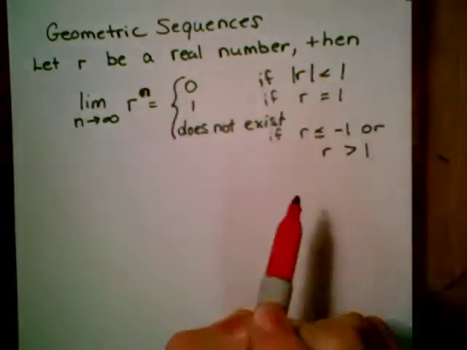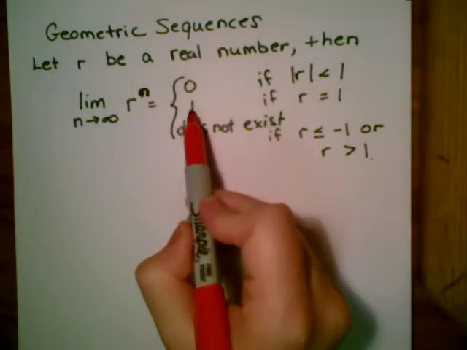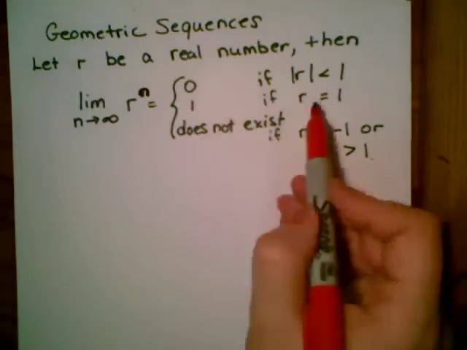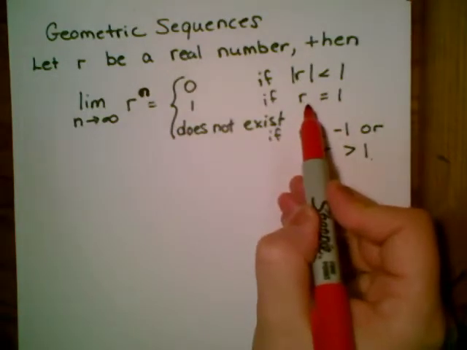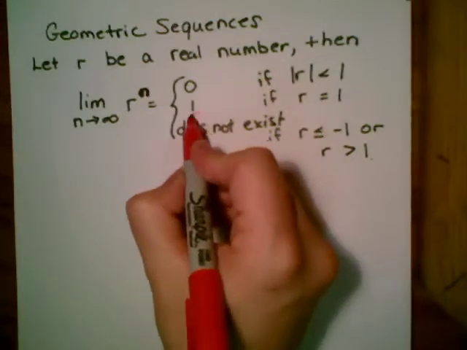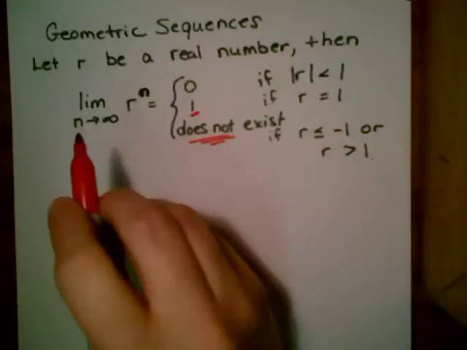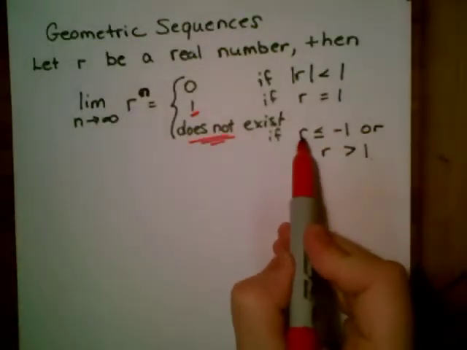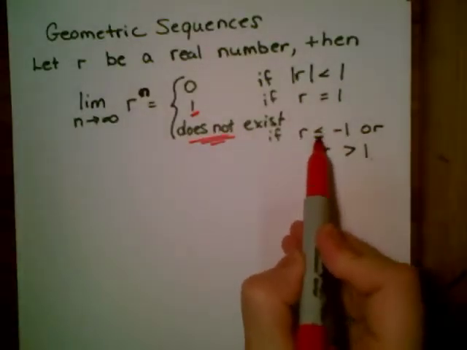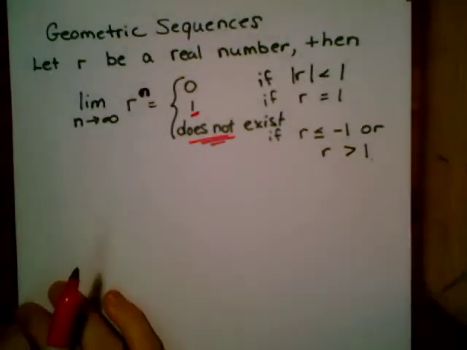So it could be positive or negative, and we still have convergence. If R is equal to 1, we'll have that constant sequence. We will have convergence, and the limit of the sequence would be 1. And the limit of the sequence just won't exist at all if the common ratio is less than or equal to -1, or if R is greater than 1.